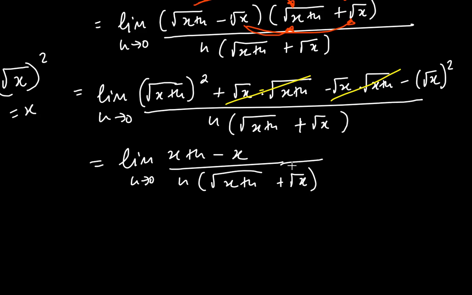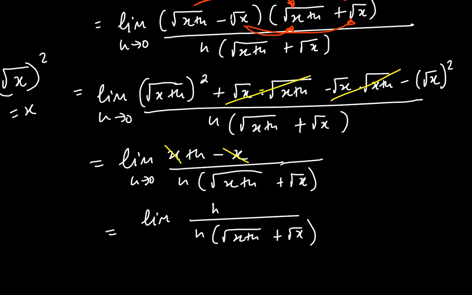All right, and now this cancels that, and we are left with the limit of h all over h into root x plus h plus root x. So now this is going to cancel that, so we're left with 1 and 1.